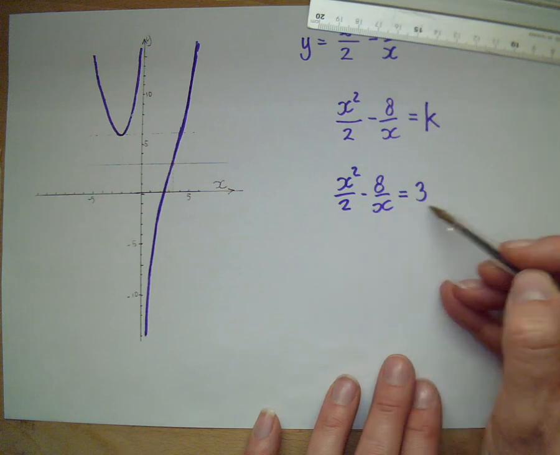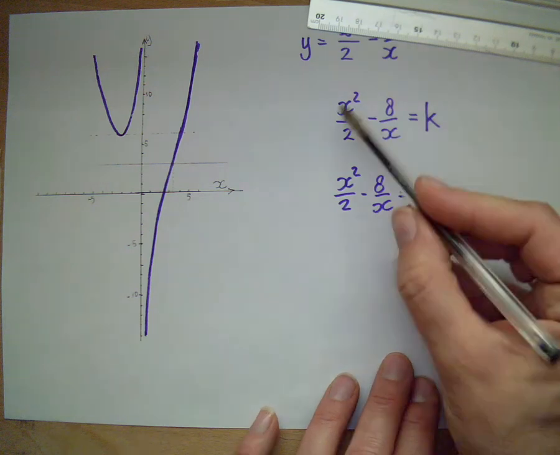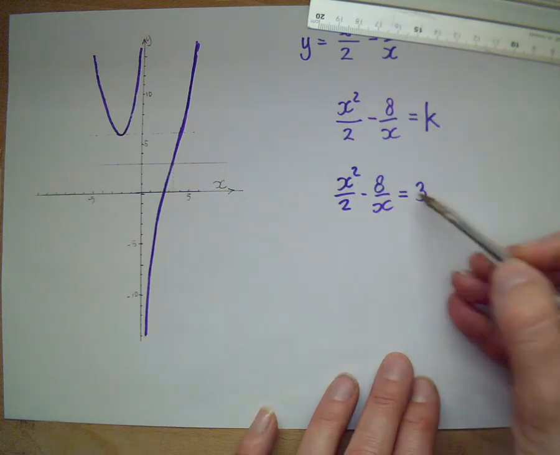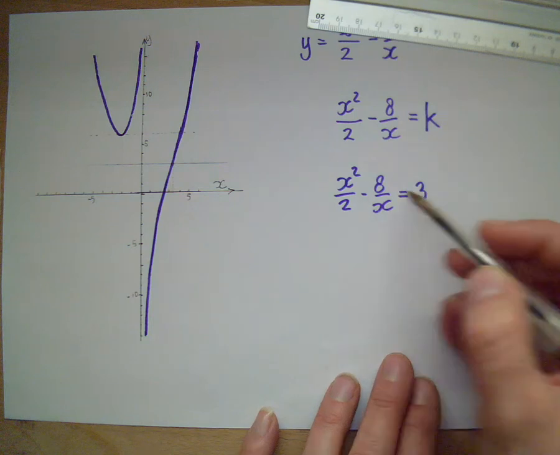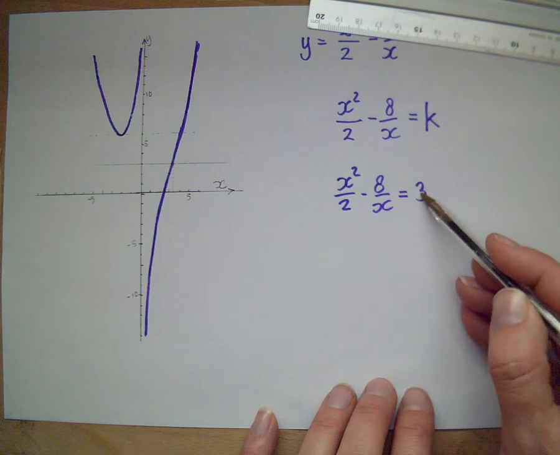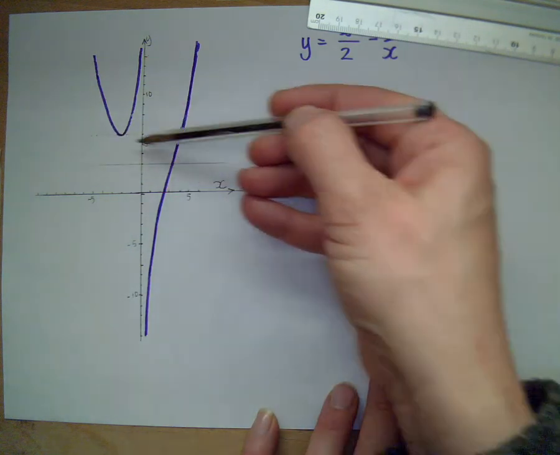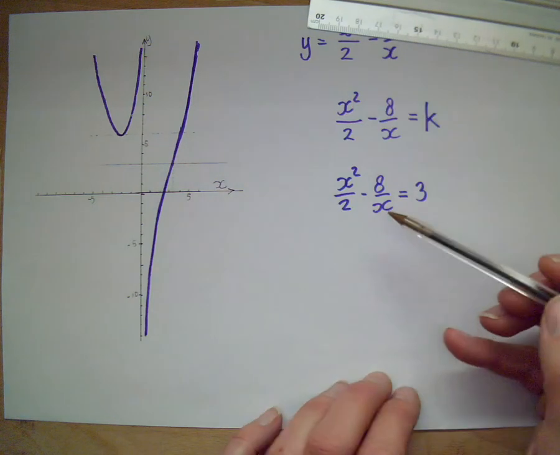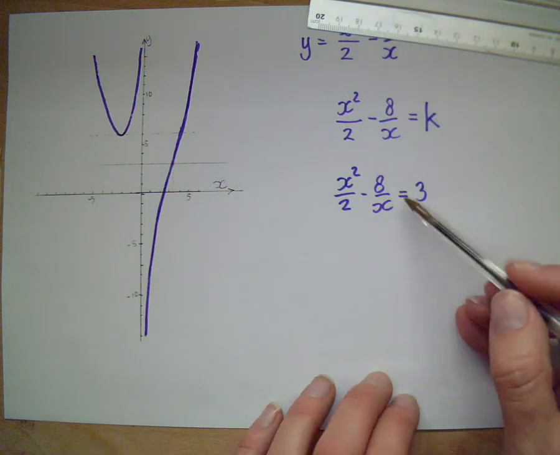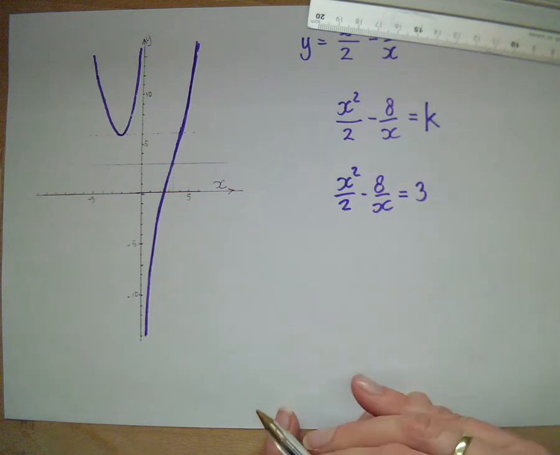And I could do that with all different constants, right? So that's why I've written this to summarize all those options. We could set it equal to 3 and draw our line at 3. We could set it equal to 6 and draw our horizontal line at y equals 6, and find the solutions or roots to these new equations.